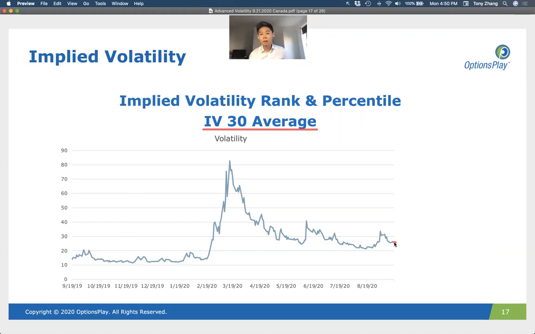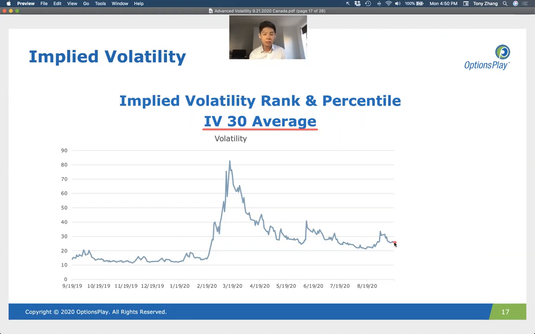But if you're trading, instead of a 30-day option, a longer-dated option, maybe a 6-month option, this is where it's important to understand the limitations of these metrics, because this is only measuring the average implied volatility over 30 days over the past year.